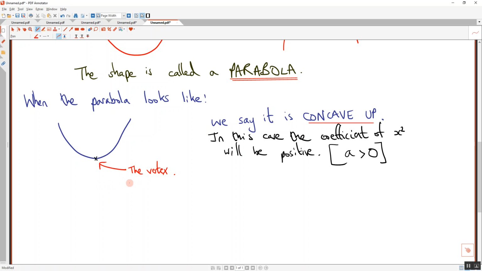In this case, the vertex: is it a maximum point or a minimum point? It's a minimum, okay? And we say that it is a minimum turning point.